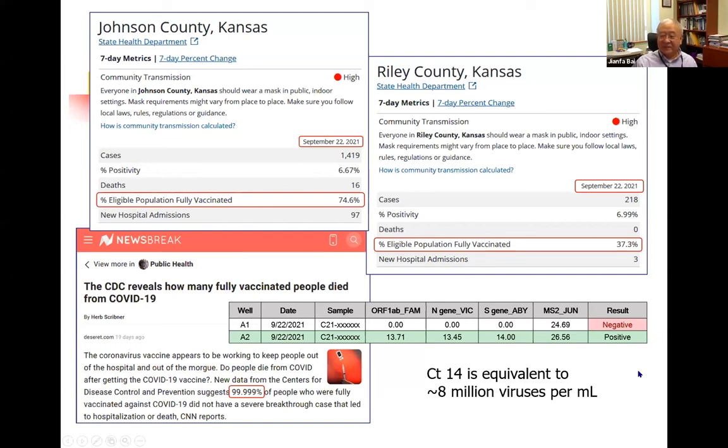When you extract, it's per mL, but it's really just per swab. When you swab, you put it into a mL of buffer. So one swab, you got 8 million viruses. That's tons of viruses contaminating other people. So that's a very high concentration we have been seeing.